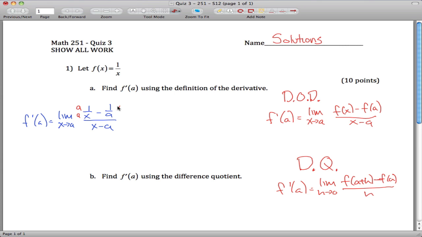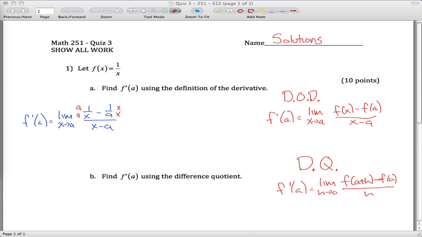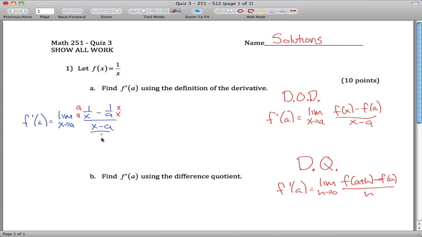Specifically, you get a common denominator up on the top, and you think of the bottom as x minus a over 1, so that we can say this is a minus x over x times a divided by x minus a over 1.